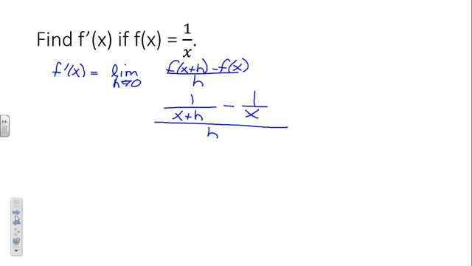So what's our common denominator in the numerator? x plus h and x, right? So this one needs an x. This one needs an x plus h. Now they have a common denominator of x and x plus h.